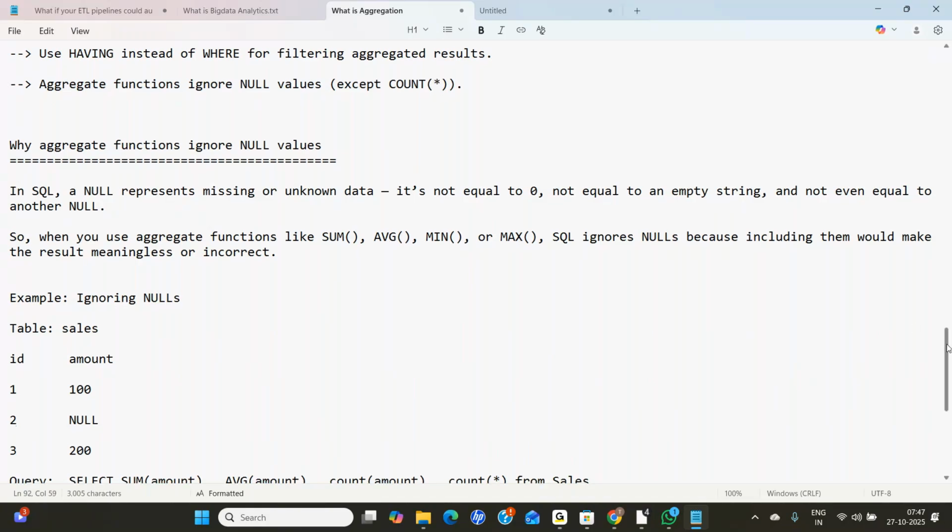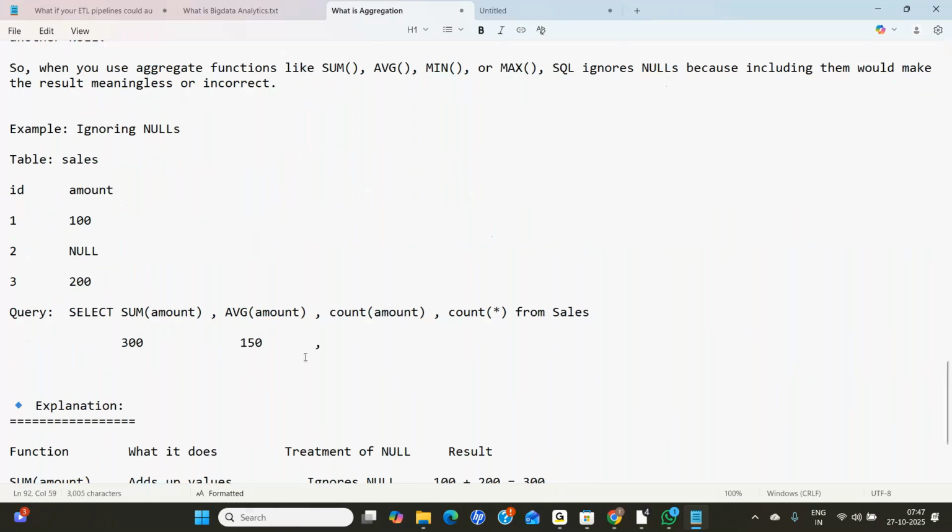And see here, the count will become 2. Initially I said 2, but no issues. Count star does not ignore nulls, it will count all the rows. The value will become 3.